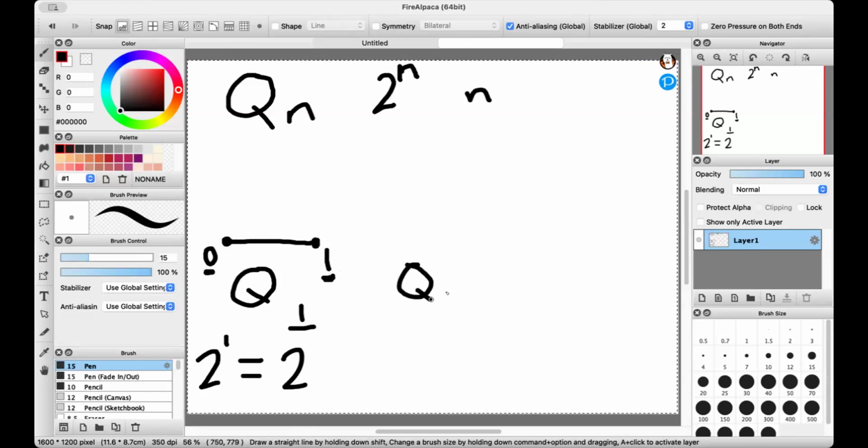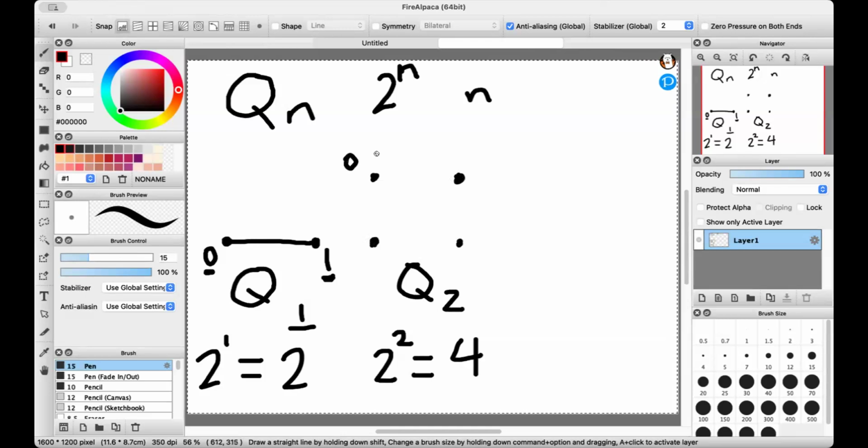Q2 has 2 to the 2 number of bit strings, which is 4. That means you have to draw 4 nodes here. Each node represents a bit string of length 2.